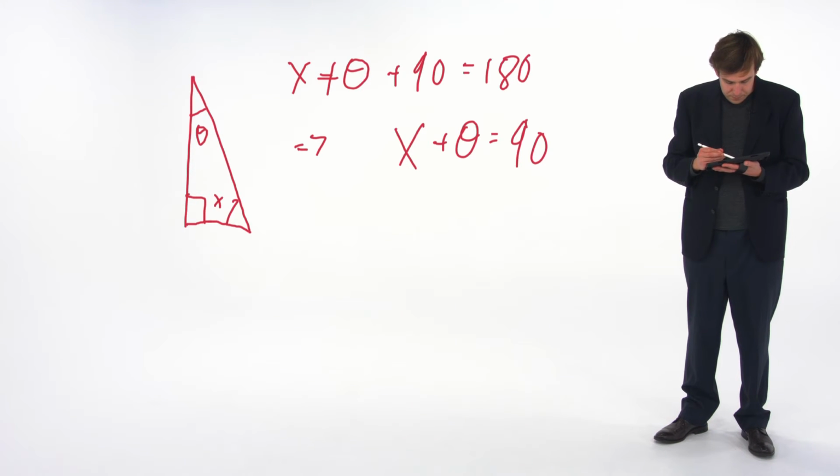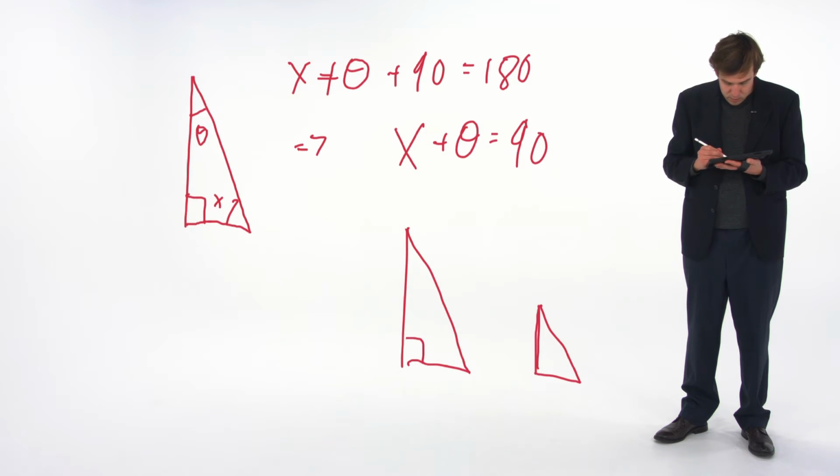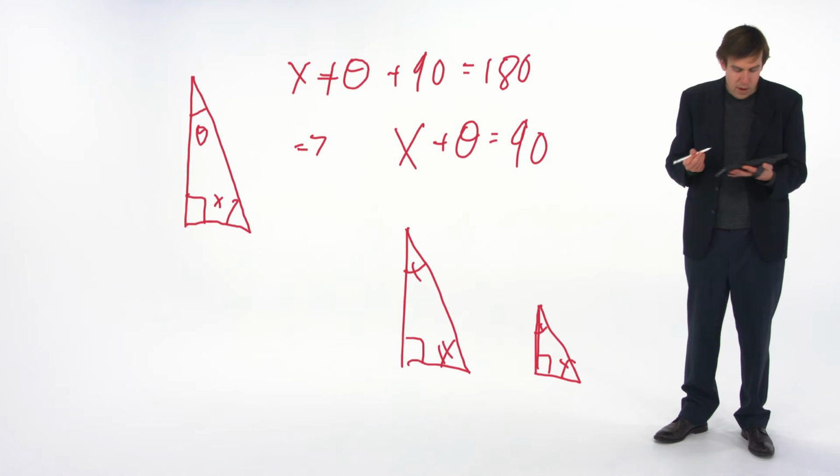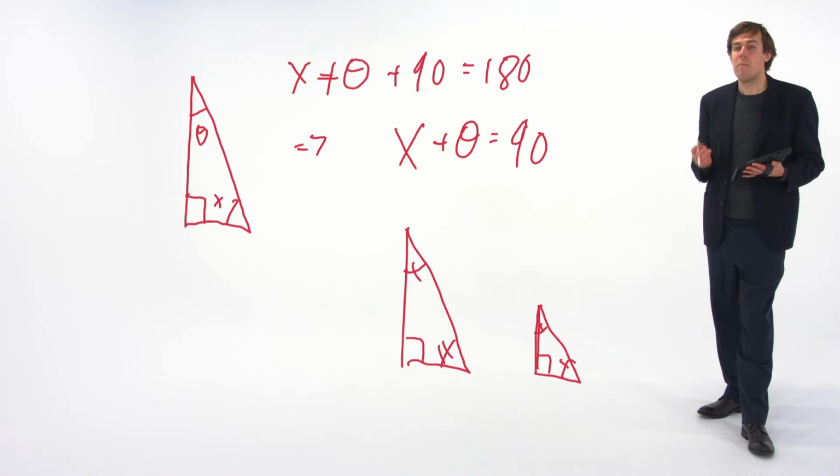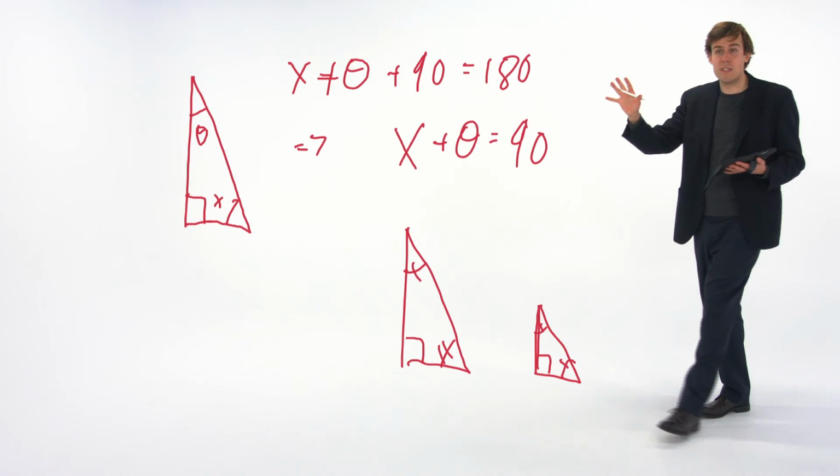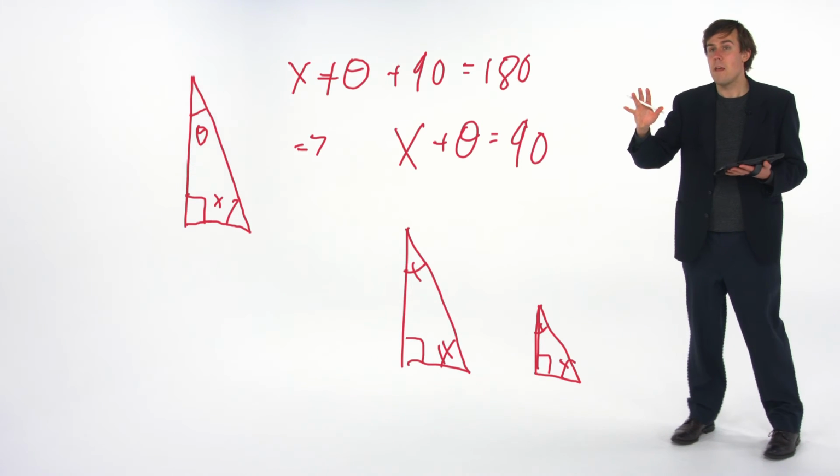So the point is that if I have two triangles that all have the same angles, they don't have to be the same triangle, but they're the same up to multiplying all the side lengths by some constant.